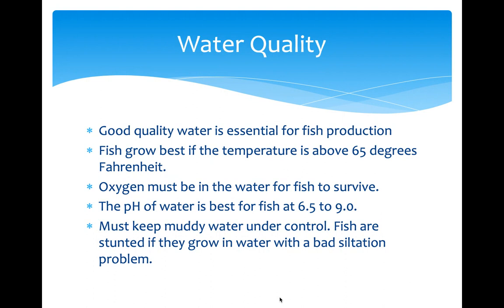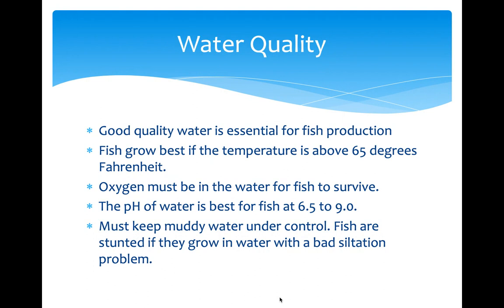Typically, you want the pH of the water to be somewhere between 6.5 and 9.0, so that's close to neutral or slightly on the alkaline side. At this point, all the readings that we have taken of the tank in the greenhouse, our aquaponics system, are around 7 to 7.5. So right now they're pretty much optimal as far as the pH.